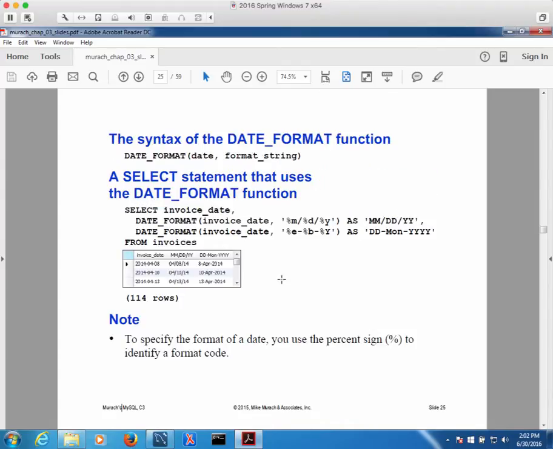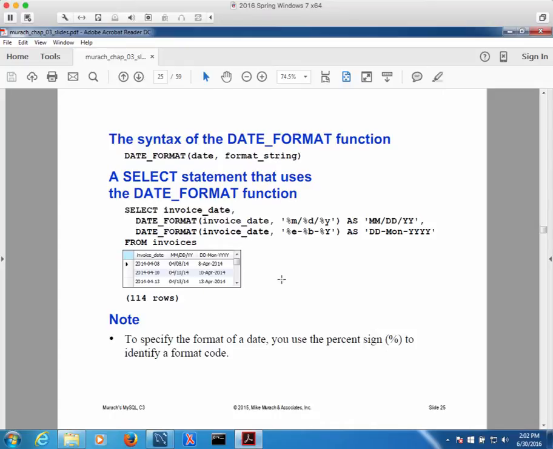Now, dates are pretty important things, and they get a lot of respect from SQL. There is a date type. There are typically several date types in any implementation of SQL. And a lot of times we don't want to see its internal format. In fact, one of the types is a date and time type.